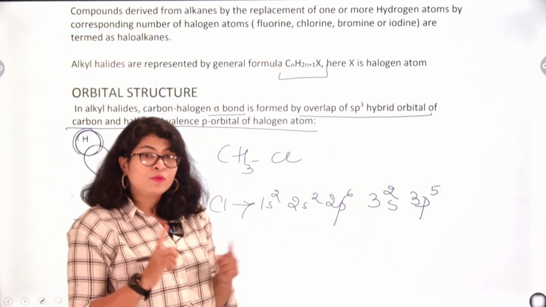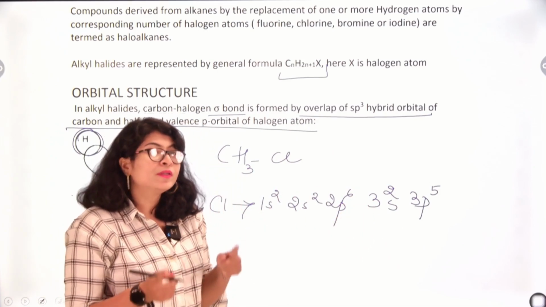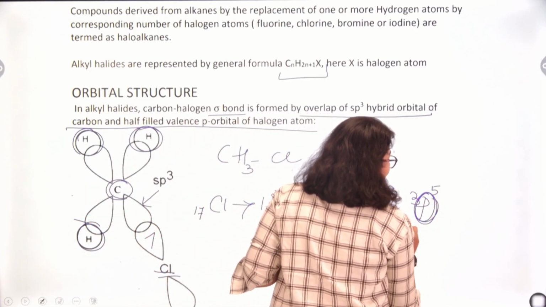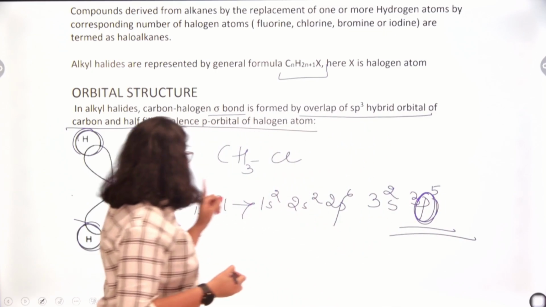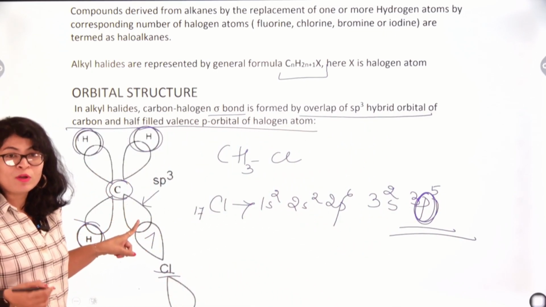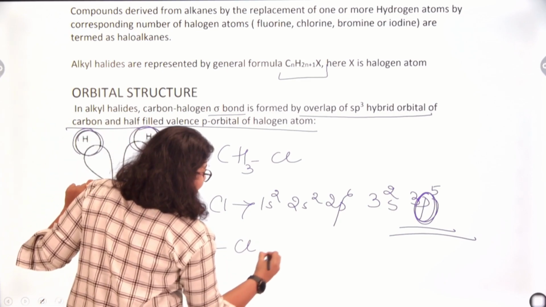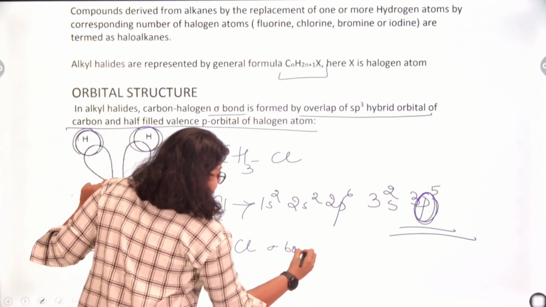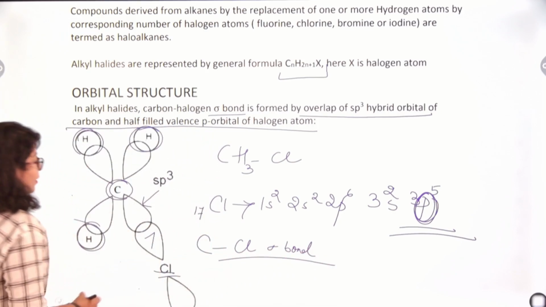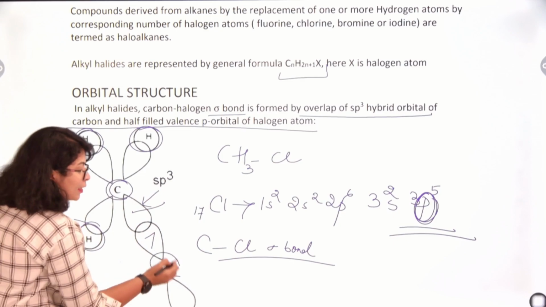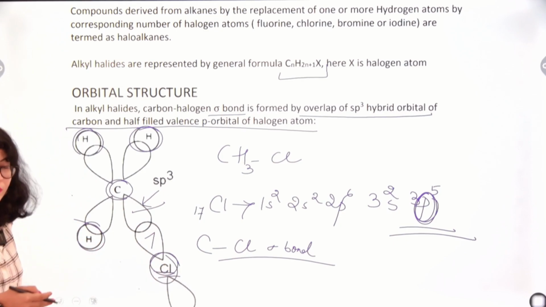In order to fulfill that, or in order to form a bond with carbon, it utilizes its 3p orbital, which is the outermost orbital, to overlap with the sp3 hybridized orbital of carbon, resulting in the formation of a carbon chlorine sigma bond, as it is formed by the head-on overlapping of the sp3 hybridized orbital with the singly filled p orbital of chlorine.